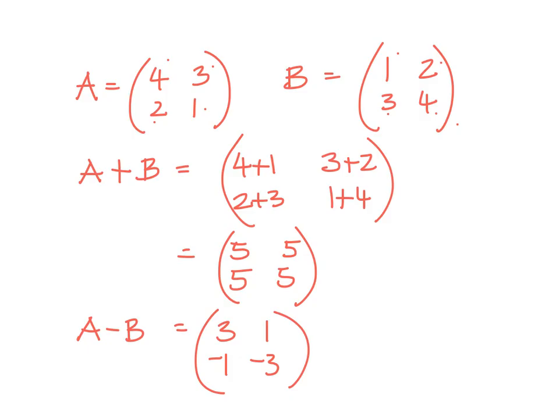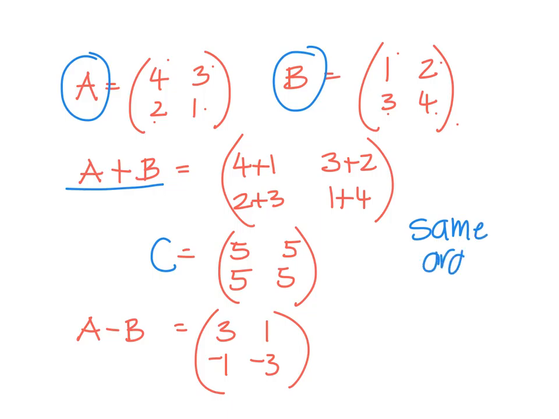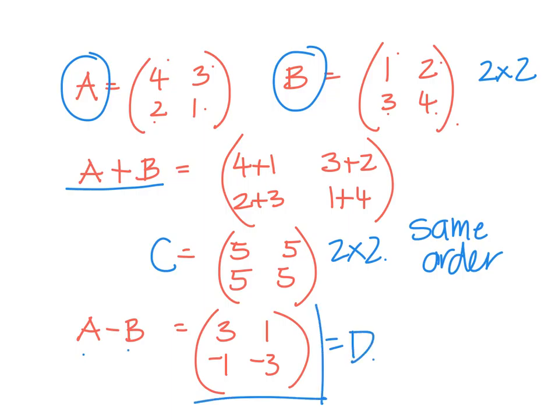The big issues here are that A, B, and let's call this one C, which is equal to A plus B, are all of the same order. So that they're all 2 by 2 matrices. If we have A minus B equal to D, then again that is a 2 by 2 matrix.